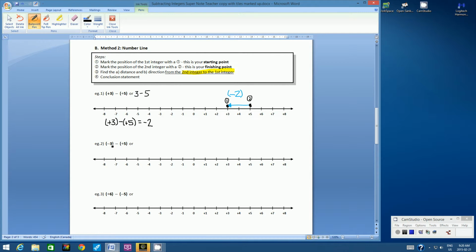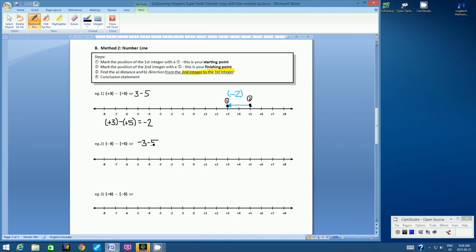Let's go on to example 2. Negative 3, let's rewrite it in standard form. Negative 3, we can get rid of the brackets. How about I give you 10 seconds to rewrite this statement in standard form? Let's see how good you're getting at this. All right, so I hope you rewrote it like this.